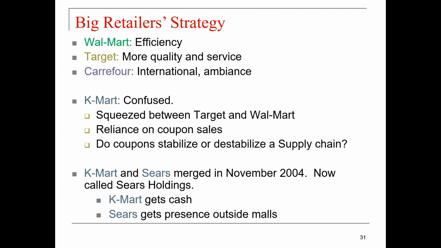So Kmart and Sears merged in 2004. Now they're called Sears Holding. The idea was for Kmart to get some additional cash to stay alive, and for Sears to get a presence outside the malls.